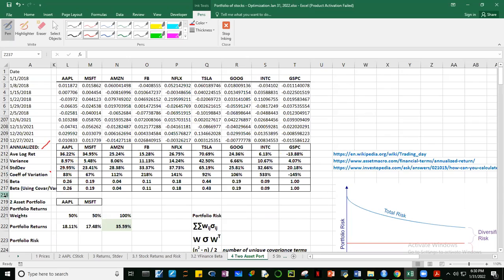And then, formula lang to, no? ng variance covariance.